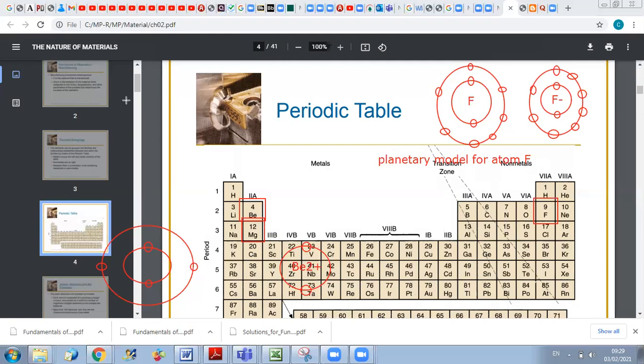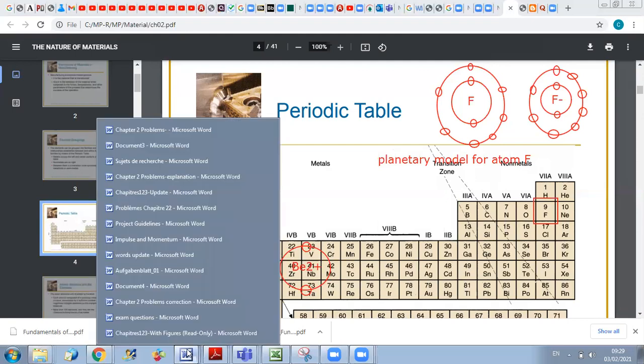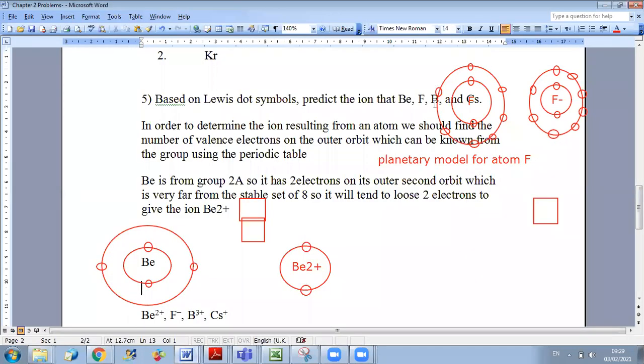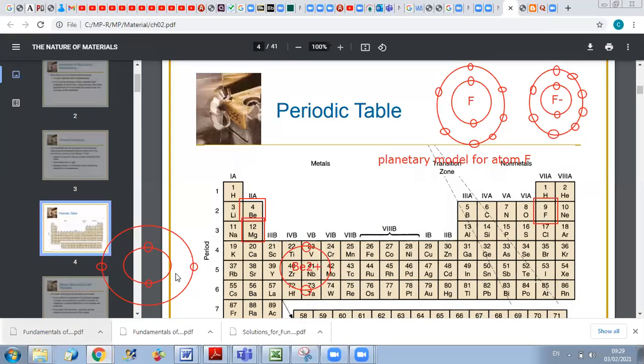So for the other examples, we have B and Cs. Let us also look at the table. For B, what will happen?